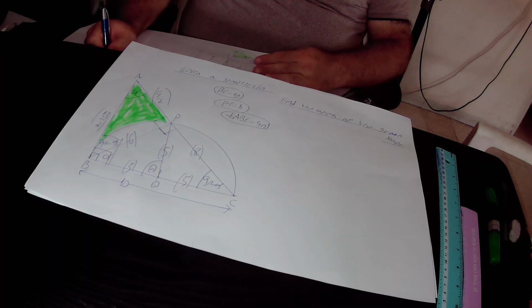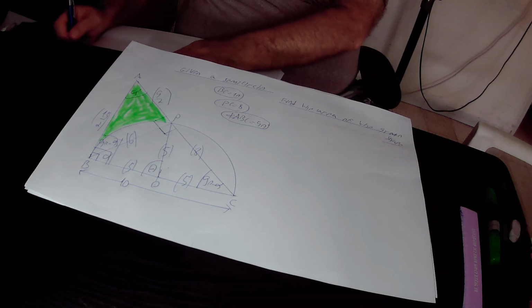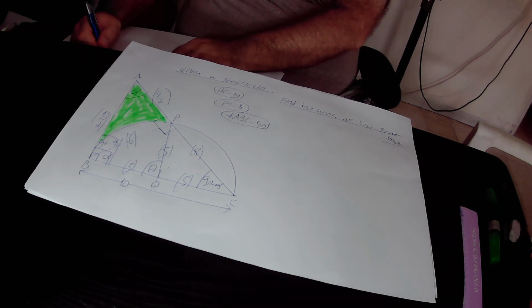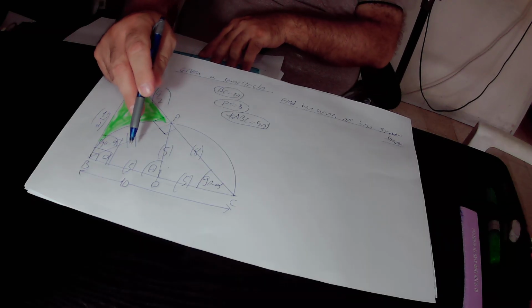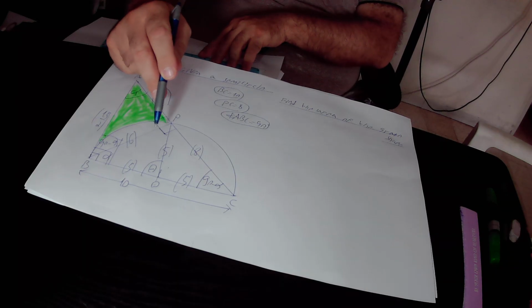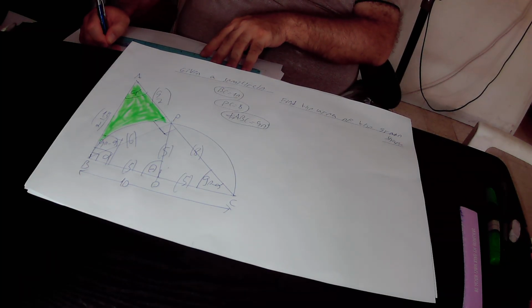So according to the law of cosines, in this triangle BOP, the following equation will be true: cosine theta equals 5 squared plus 5 squared minus 6 squared over 2 times 5 times 5.